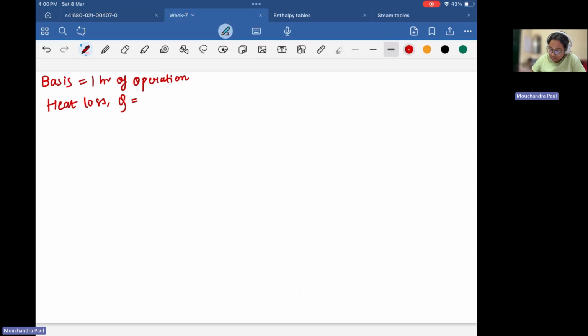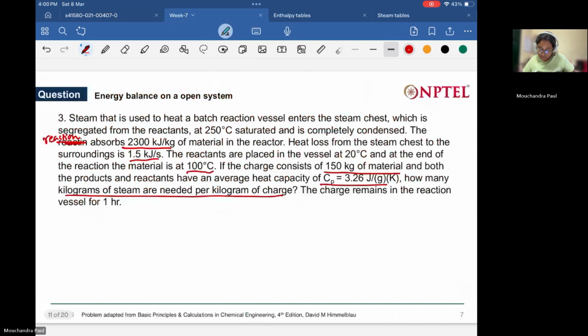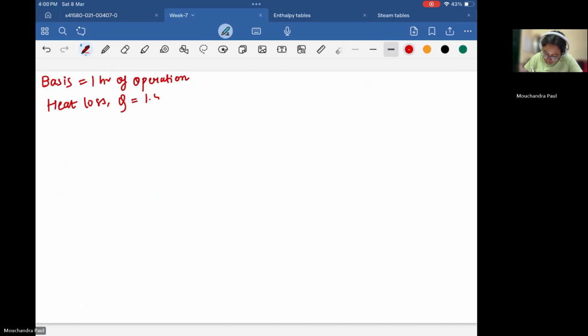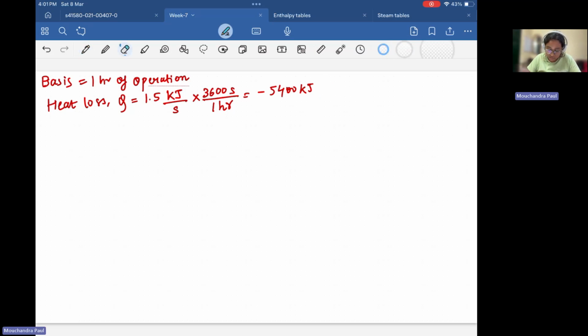Q is 1.5 kilojoule per second. So in 1 hour, if we solve it, we'll get the heat loss, which is minus 5400 kilojoule. We don't need to write per hour because the basis is 1 hour, so it's fine.